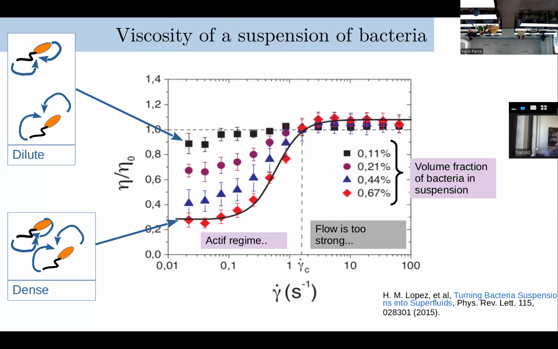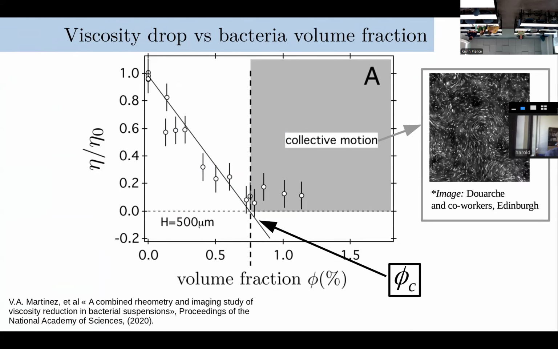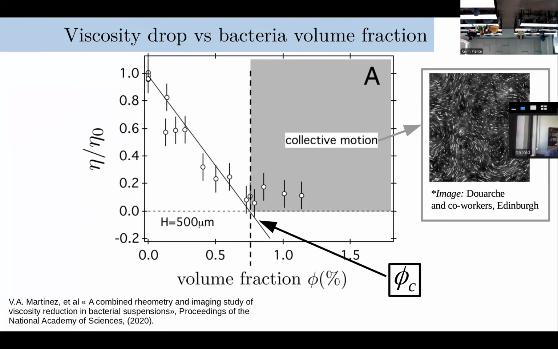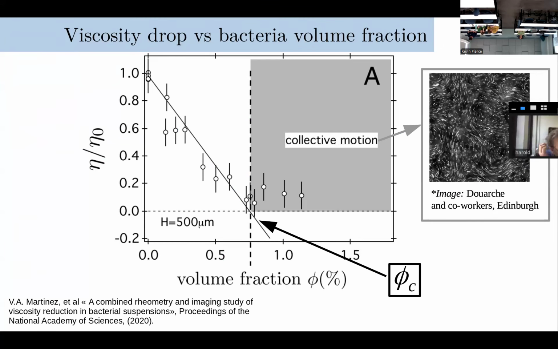So on the next slide, you see how this viscosity decreases with the volume fraction of bacteria. It's more or less a linear decrease until a volume fraction of about 0.8. And then after we have reached this volume fraction, the viscosity of the liquid is 0. Okay? And we were able to show that this is related to the occurrence of collective motions inside the liquid.